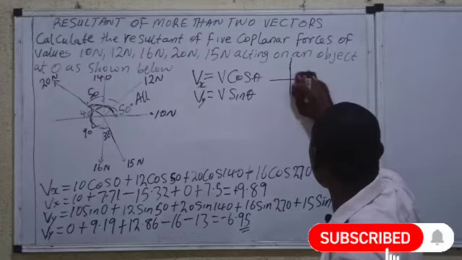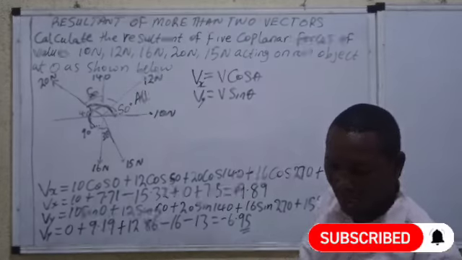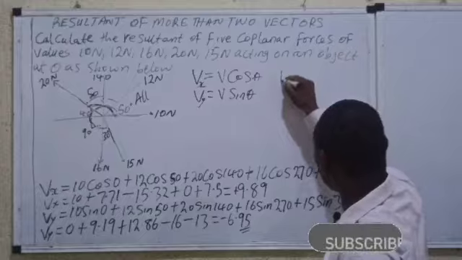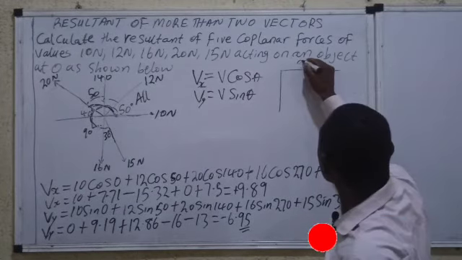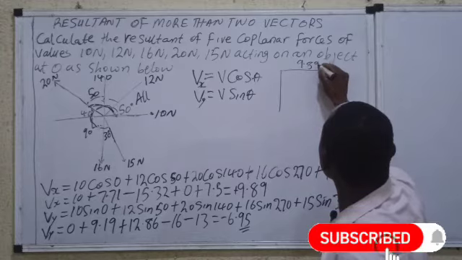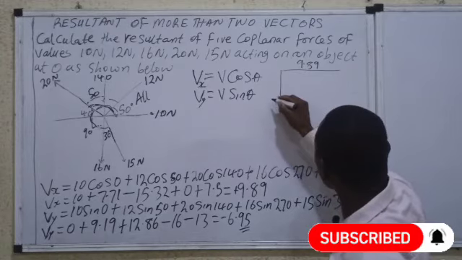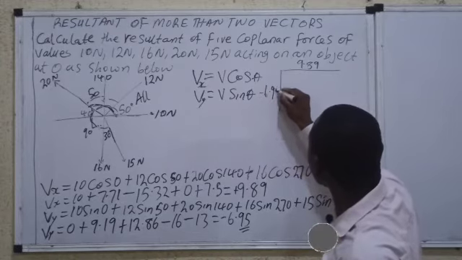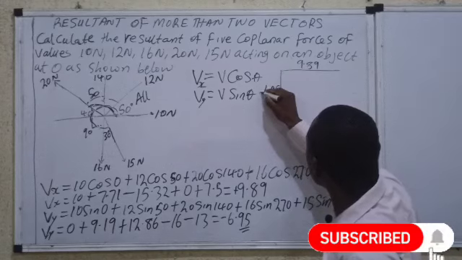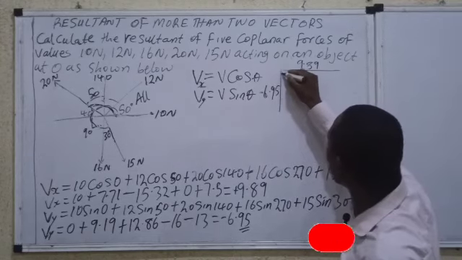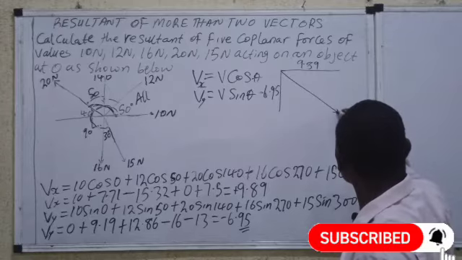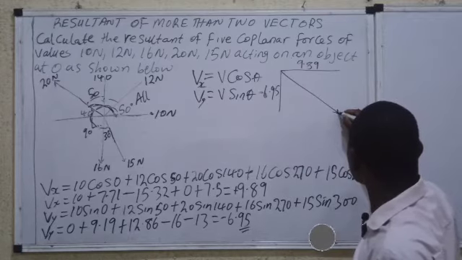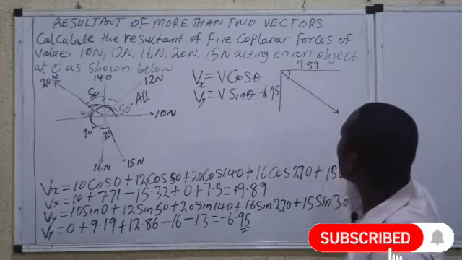Now let's clean it and do our normal calculation so that we can get the resultant. So we now have it like this. Here is actually 9.89 and here is minus 6.95. Now the resultant, as usual, will be like this, and this is our angle.